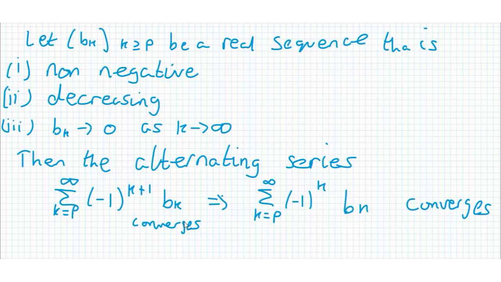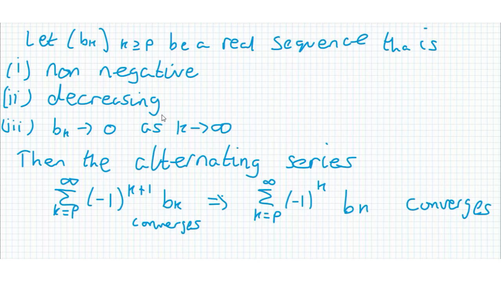Right, so let's just think about why this is true. All the bk's are non-negative, so as this oscillates, it does change sign. It's not like (-1) to the power of something times bk is going to be a positive number. When k plus 1 is even, we're going to get positive terms, and when k plus 1 is odd, we're going to get negative terms.